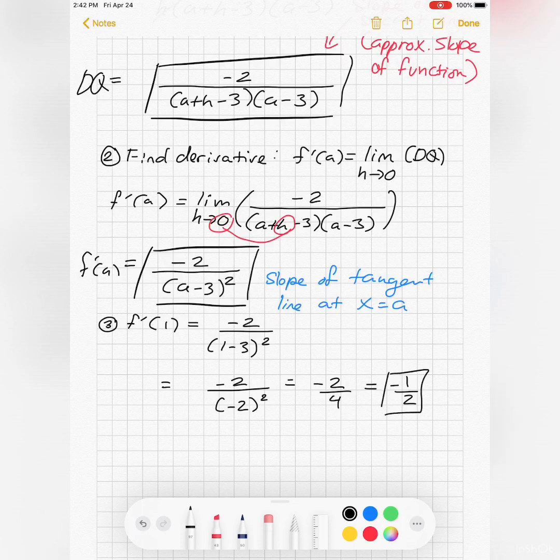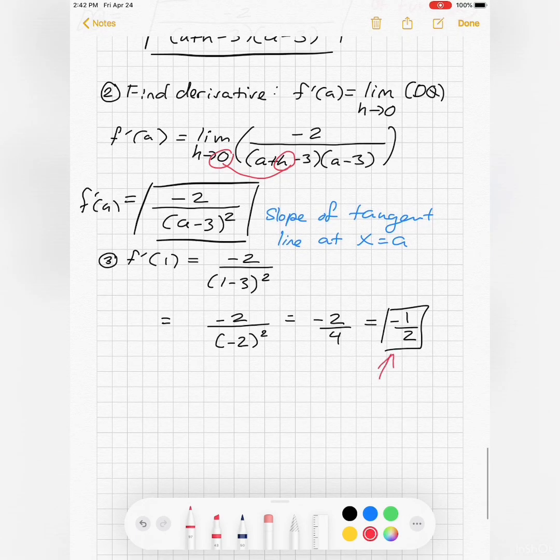So this is the slope of the tangent line, specifically at the value x equals 1.